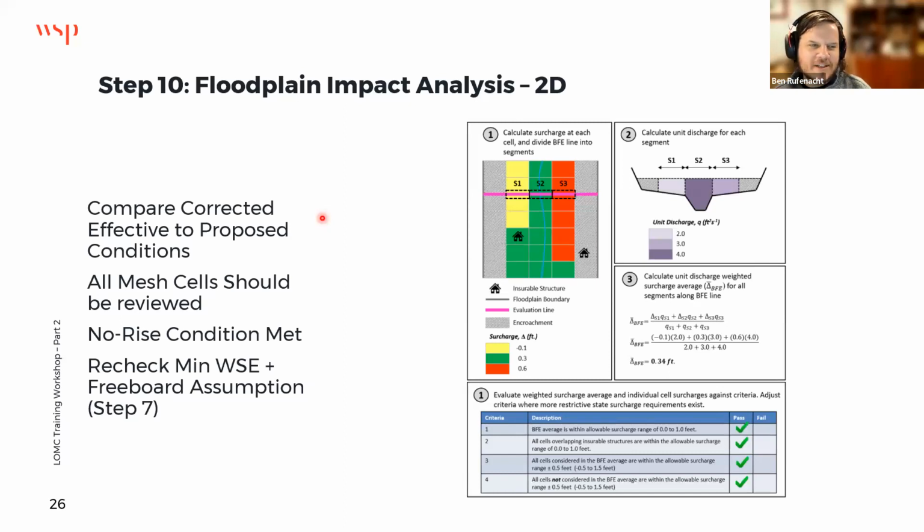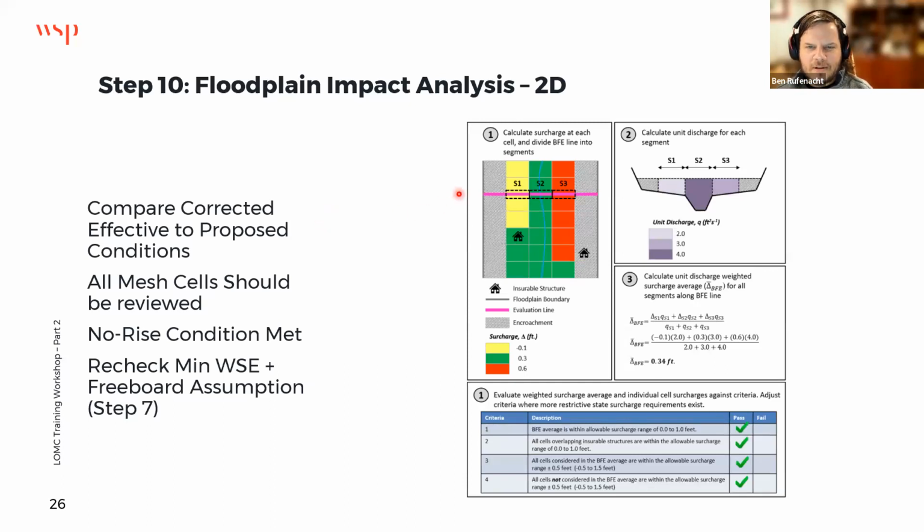So knowing this, FEMA has made some adjustments to the criteria. We're only going to compare the elevation change, the surcharge, at what we call evaluation lines, which are really just base flood elevation lines, BFE lines.